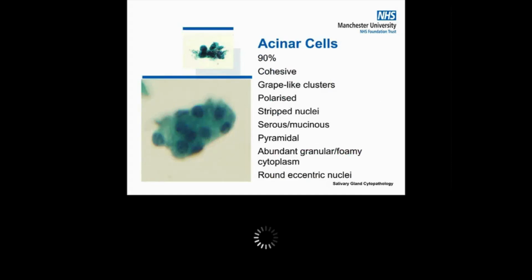In the context of normal salivary gland sampling, most of the epithelial cells would be acinar cells, which would appear as cohesive grape-like clusters with round eccentric nuclei, small nucleoli, and granular cytoplasm.